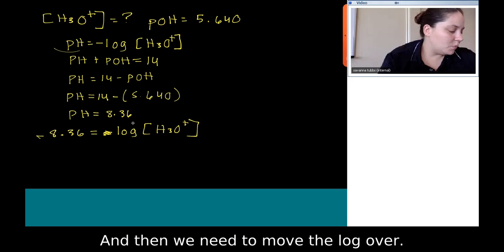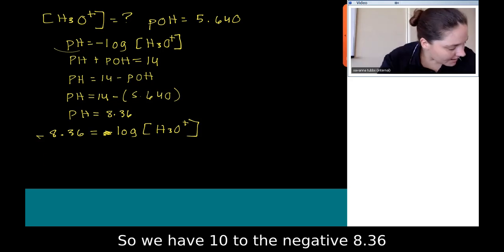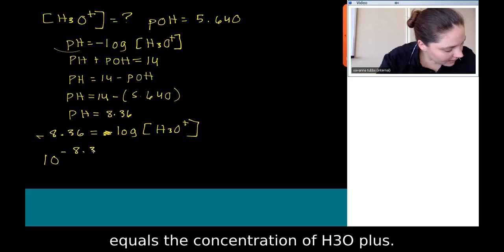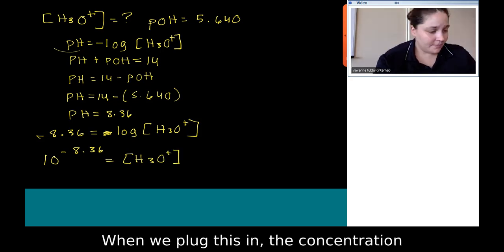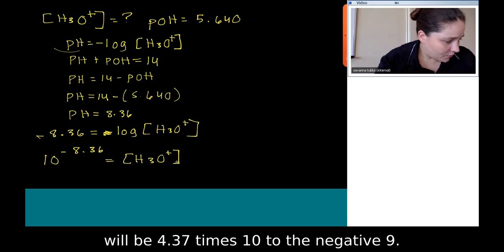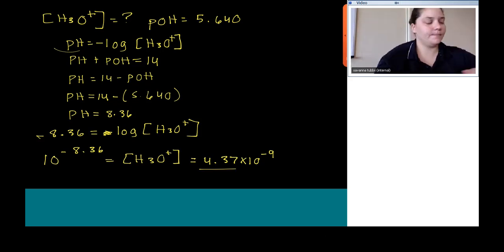And then we need to move the log over, so we have 10 to the negative 8.36 equals the concentration of H3O+. When we plug this in, the concentration will be 4.37 times 10 to the negative 9. And that would be our answer.